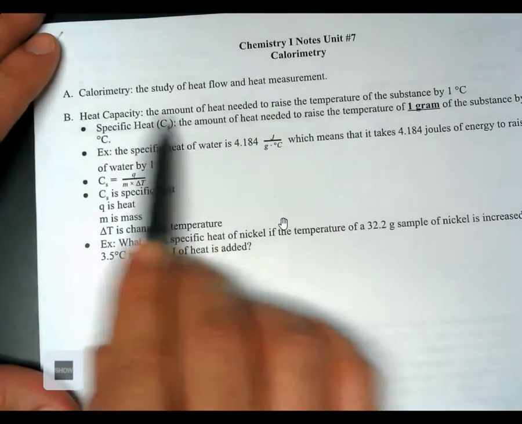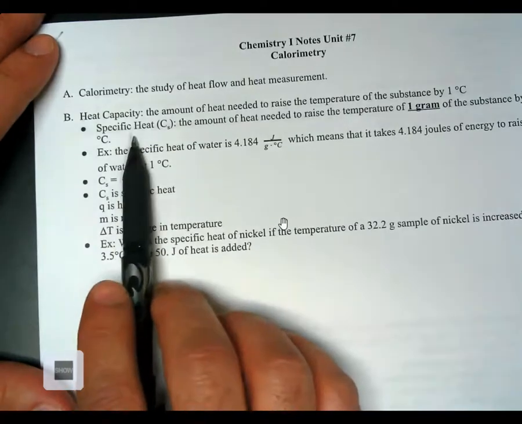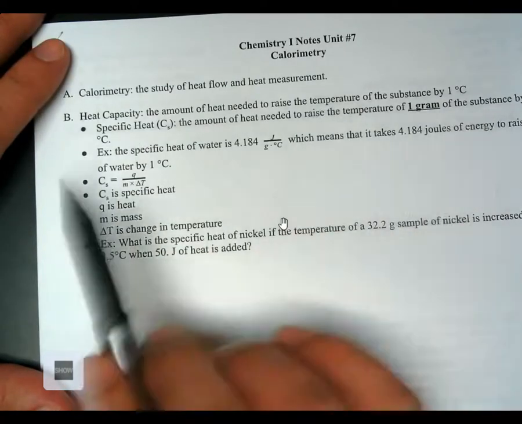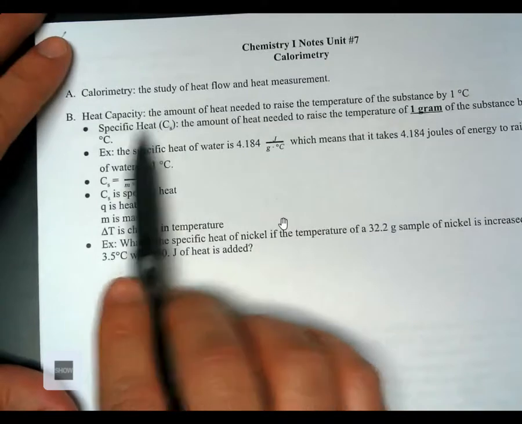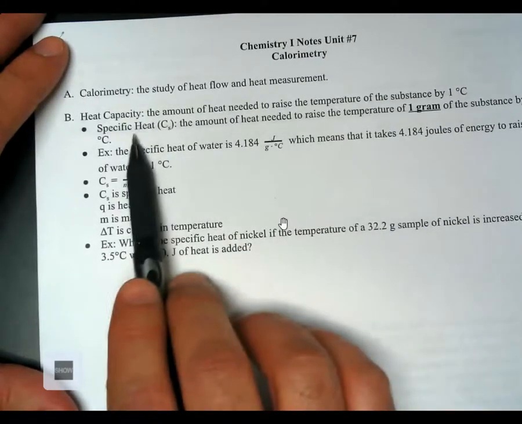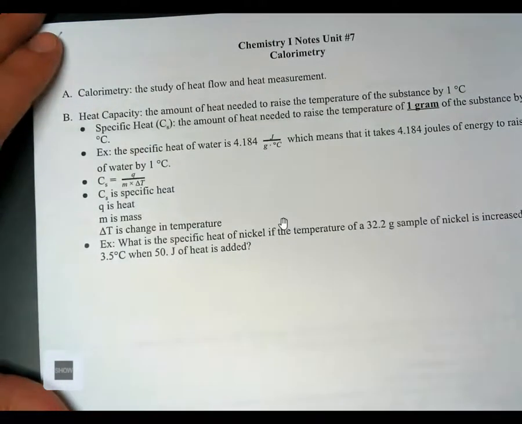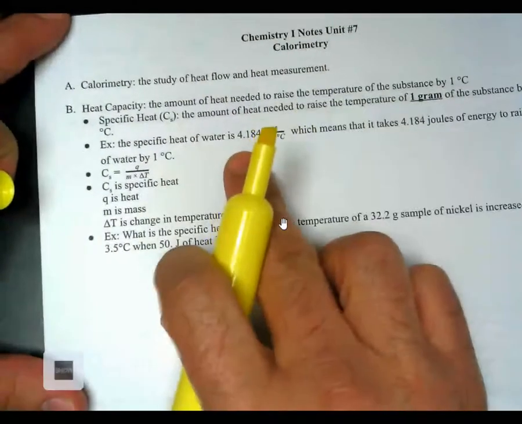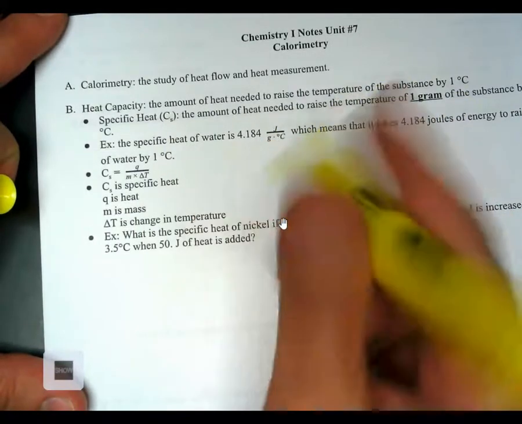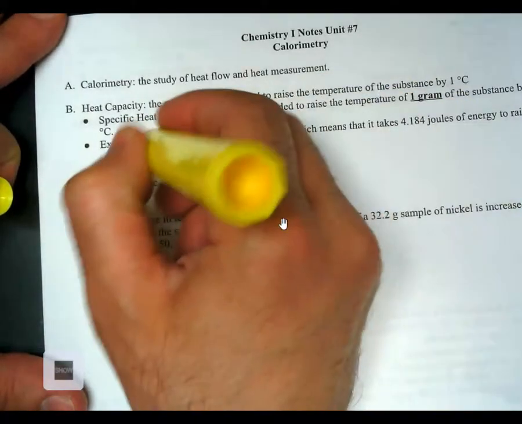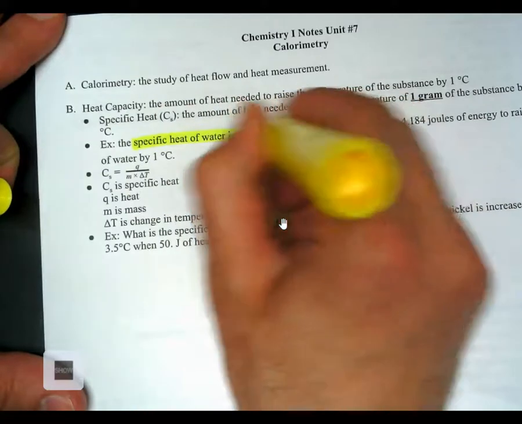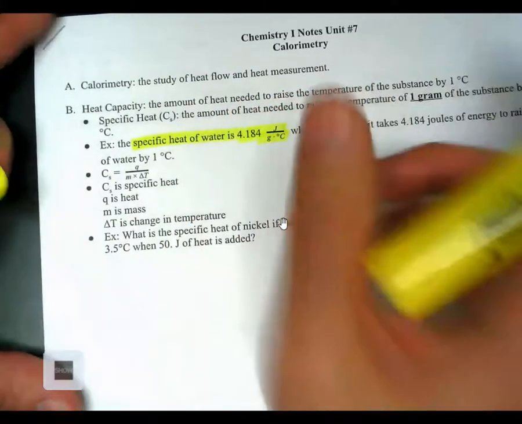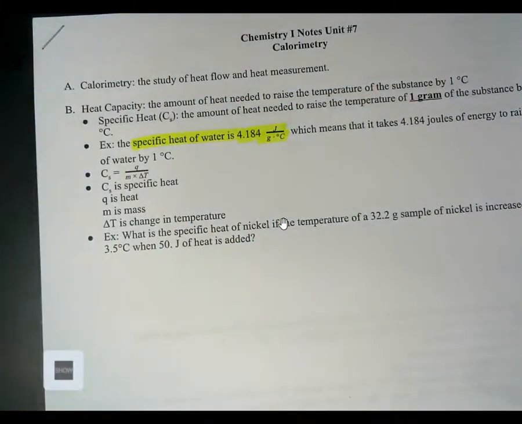So we've already mentioned this in a previous notes section when we were talking about what a calorie is. But this is the specific heat again. For example, the specific heat of water is 4.184 joules over grams degrees Celsius is the label. That should always be the specific heat.